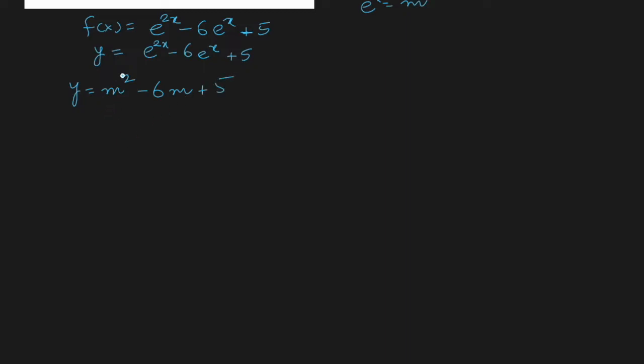So how do I complete the square? It will be m squared minus 6m plus, half of 6 is 3, 3 squared, plus 5 minus, I added 9 here, so I have to subtract 9, isn't it? Yep.